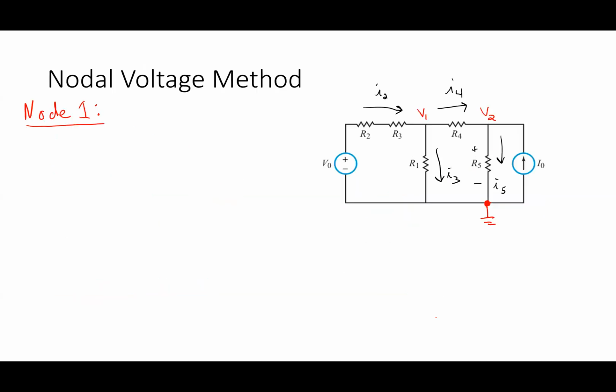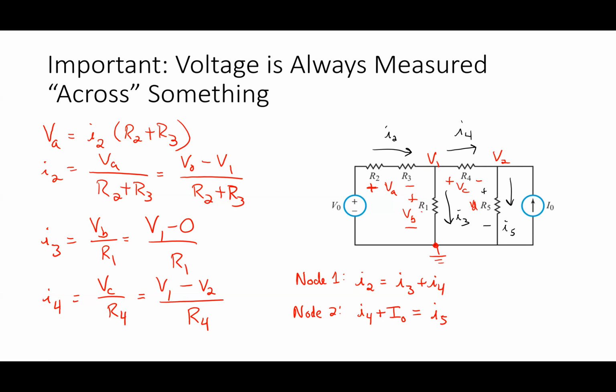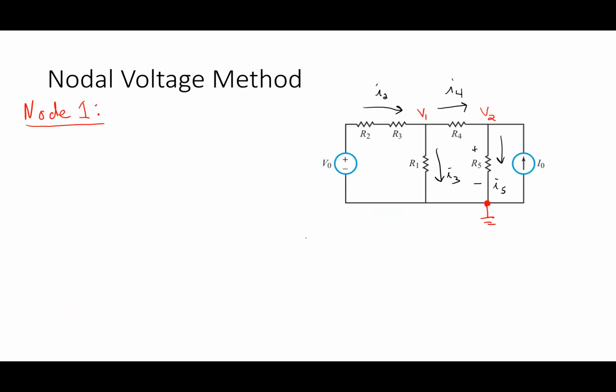All right. So in terms of what I ultimately end up with for my nodes, I wrote them here, right? So you would then plug in these relationships on the left side into those equations. And let's just do node 1 for a second here in the limited time we have. So I said I2 equals I3 plus I4.